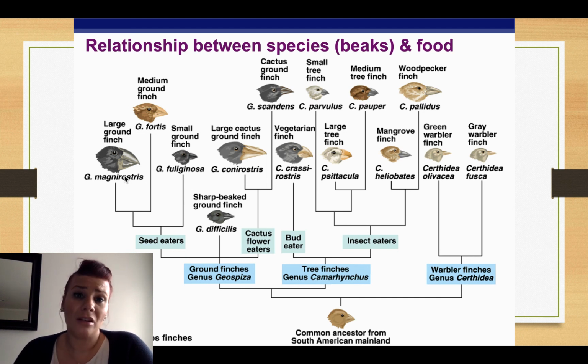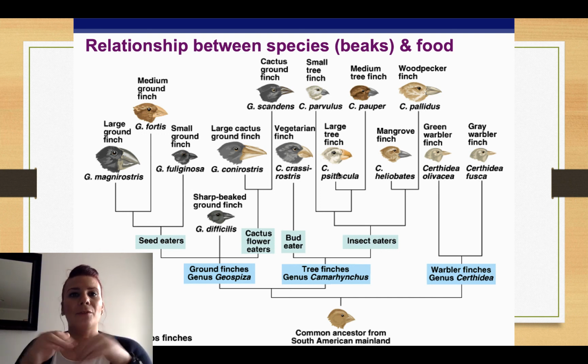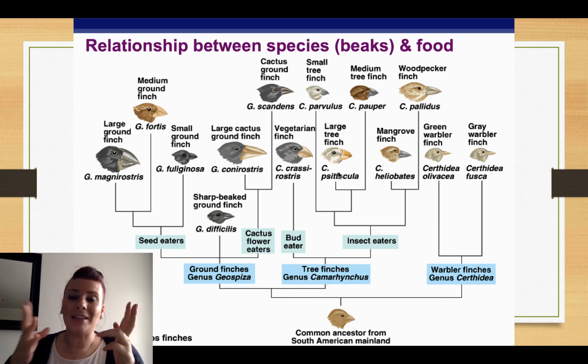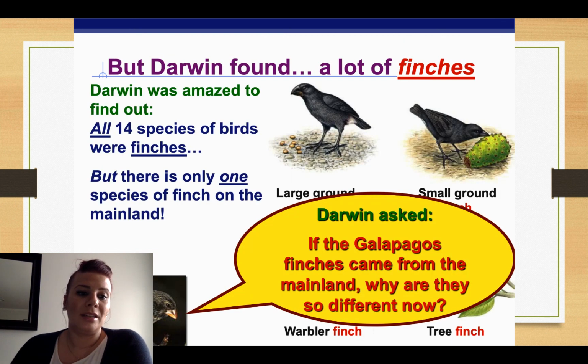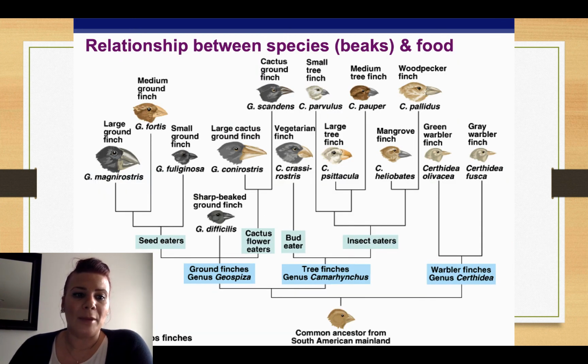So what he found ultimately was, even though they all had this common ancestor, they were related in that fact. The environment basically selected for which trait was favorable. Natural selection, right? Nature selected for what trait was favorable. If I'm in an environment where there's only seeds, then guess what?